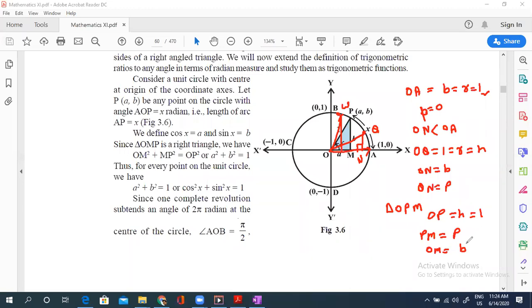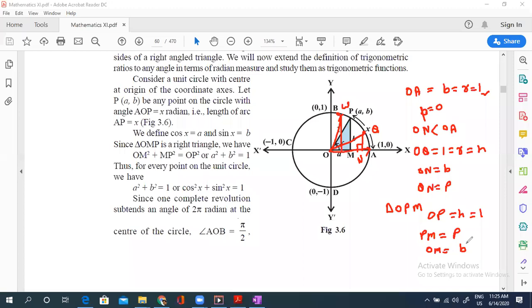Yes? Okay. So you can see that as the point goes upward from A to B, the length of the perpendicular is increasing, but the length of the base is decreasing.